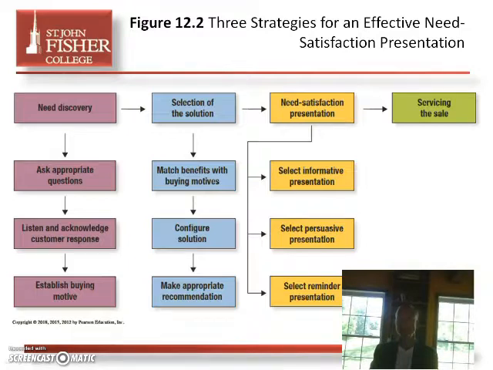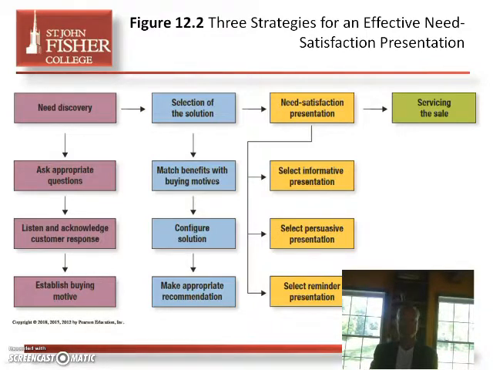Oftentimes, the informative presentation comes first. The persuasive presentation comes second. Most sales reps will not close the sale on the first presentation. Oftentimes, you're going to have to do 2, 3, 4, sometimes 5 presentations to the same person with other people in the room. Generally speaking, the first presentation is informative.